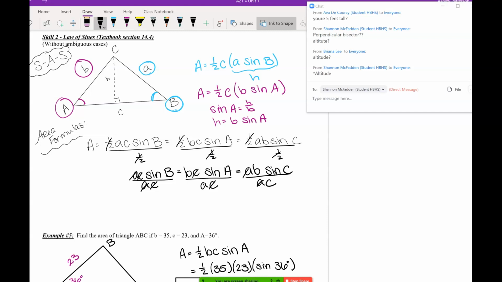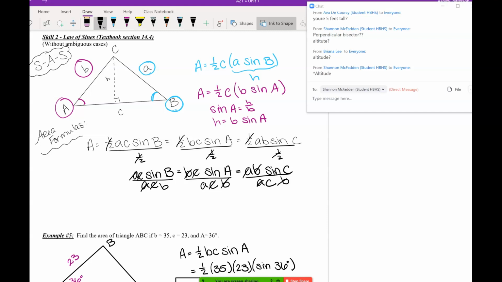Do you guys see any other letters that occur in more than one of the area formulas? Yeah, Colin? Yeah, little b, right? So let's reduce by little b also. And it's going to reduce, but it stays in the first one.